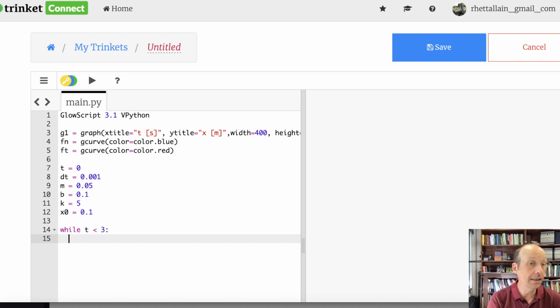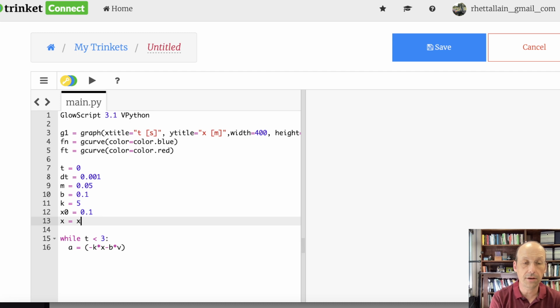So the first thing I need to do, like I said, is to calculate that acceleration. So I'm just going to type out my equation. a equals, looking at my equation, parentheses, negative k times x, which I didn't have. I'm going to put that in there, minus b times x dot, which is v. So I actually need to put these variables up here.